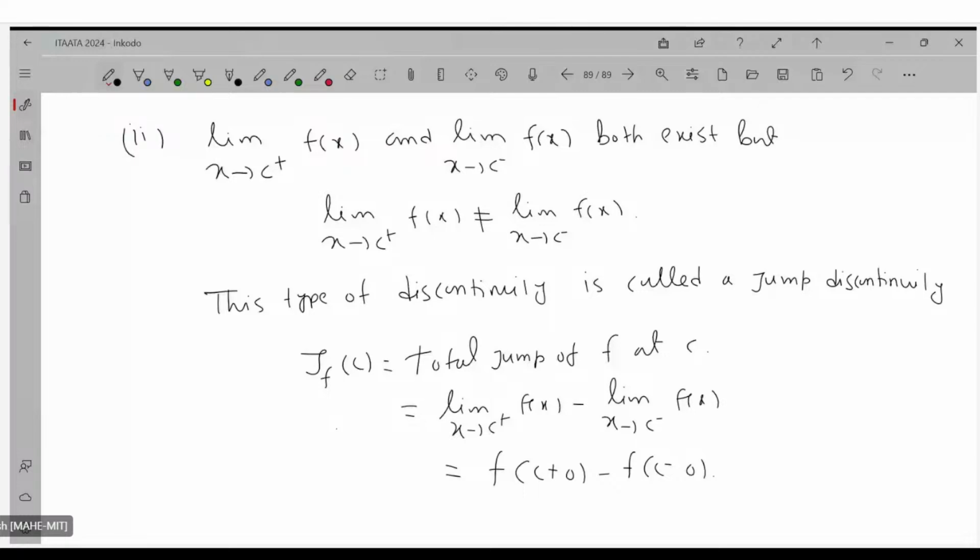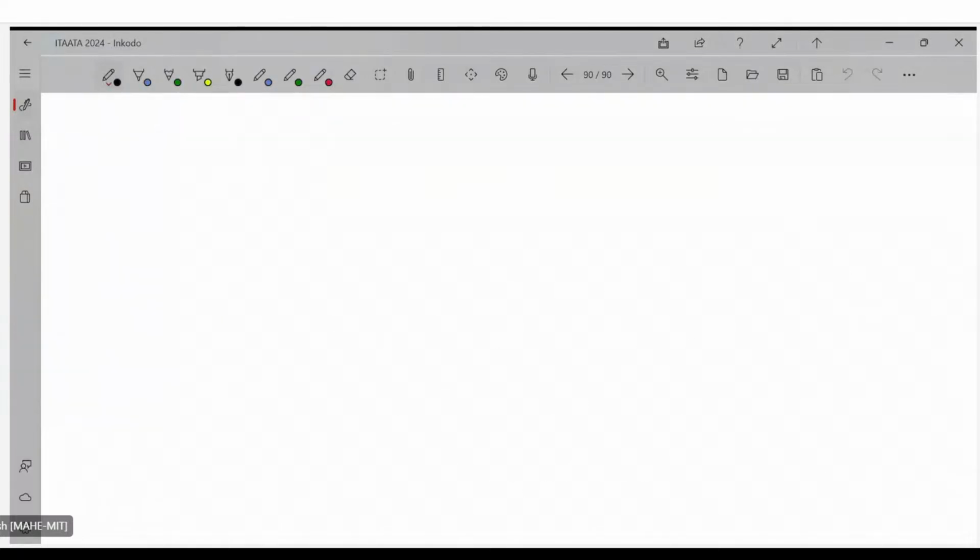What is an example of a function which has jump discontinuity? We can take a step function, or you can define any function. Take f(x) equal to x plus 1 if x is greater than half, and x minus half if x is less than or equal to half.